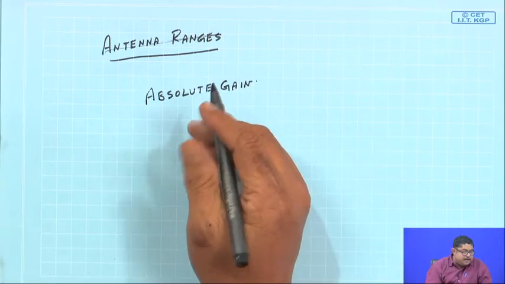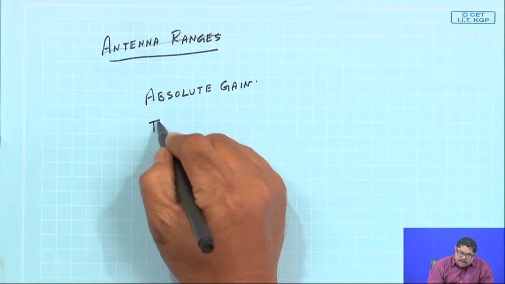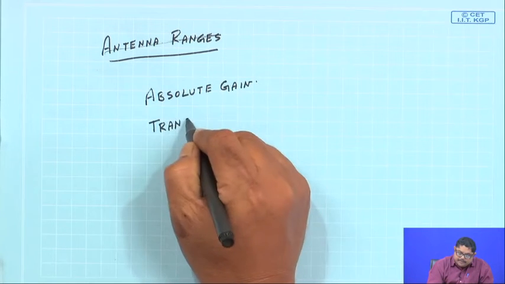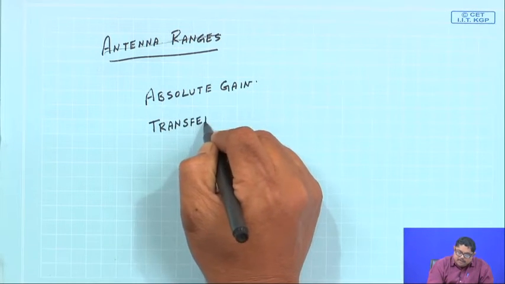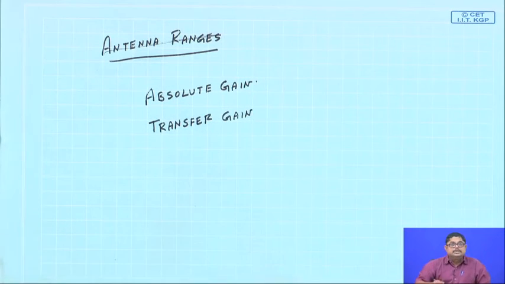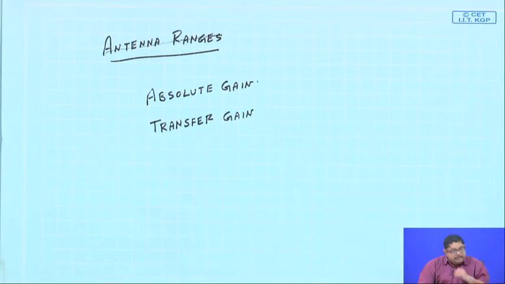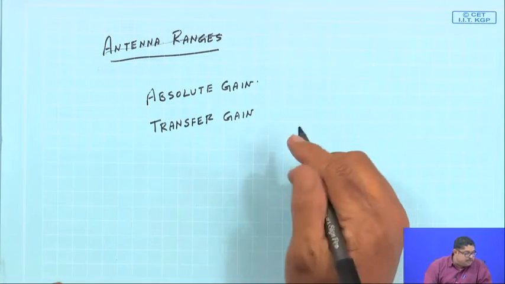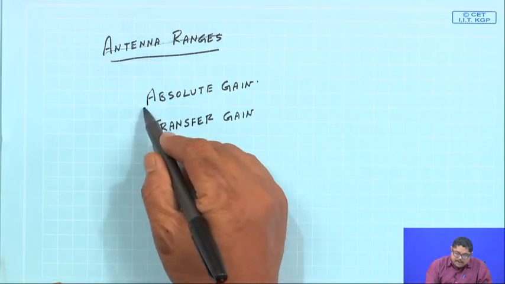There is also another technique which is called transfer gain measurement, or gain comparison, also called transfer gain. Now, we will discuss them one by one, because this is a very important thing, everyone should know how to do it. So, absolute gain first I will talk about.